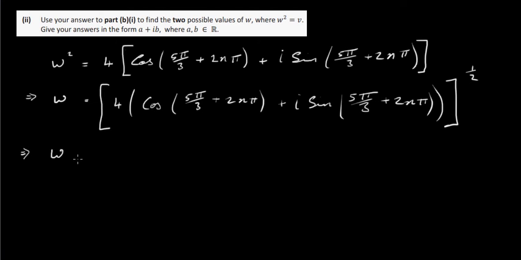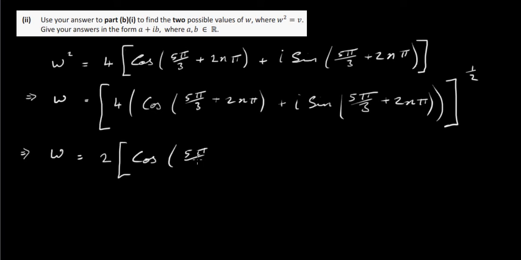Now, in order to get the square root of this, you can see there are only two terms multiplied. We've got this 4 here multiplied by this bracket here. So in order to square root two things multiplied, you get the square root of the 4, which will give us 2, and then you've got the square root of the bracket.